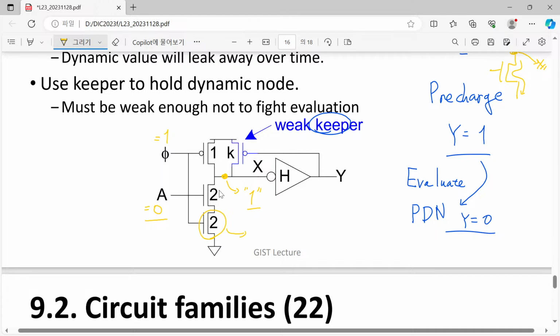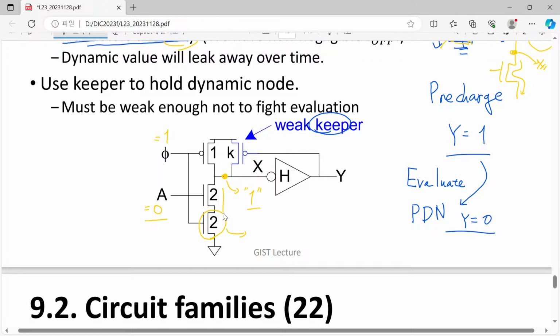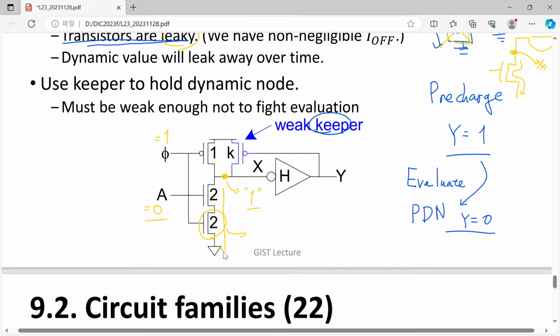So the leakage current is simply given by the leakage current of our A transistor, and if the A transistor is leaky, then this leakage current will flow through this chain.